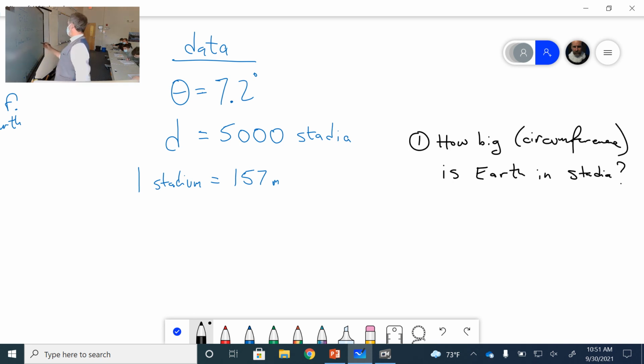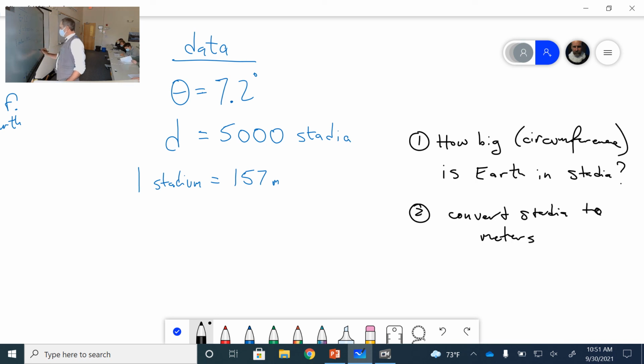I have no idea why they were called stadia. 2. Convert stadia to meters. 3.